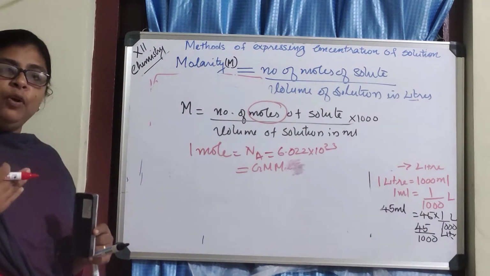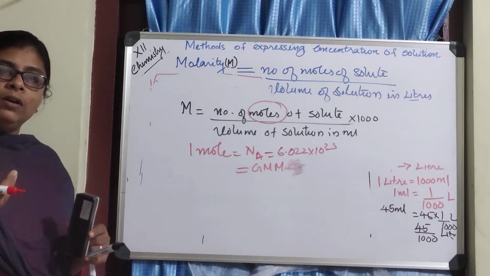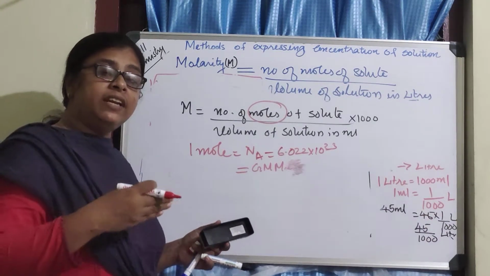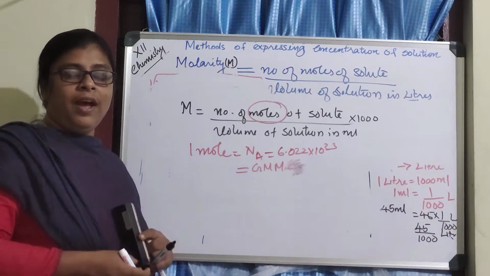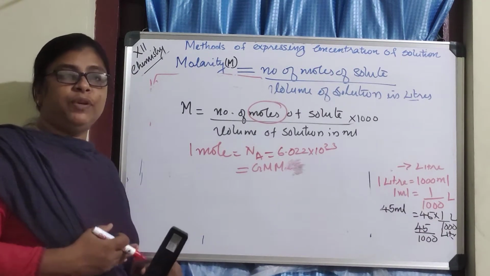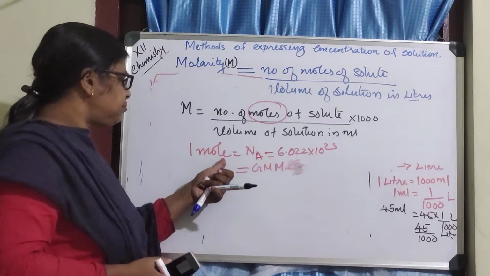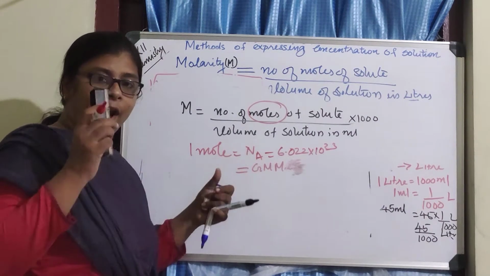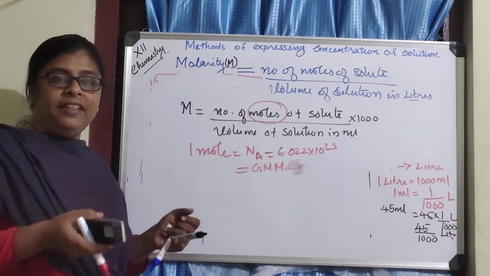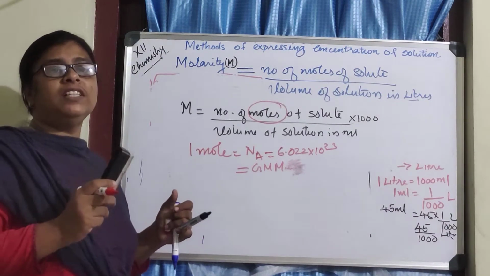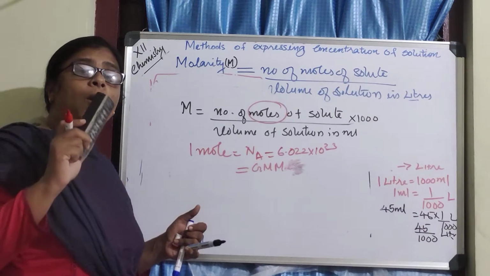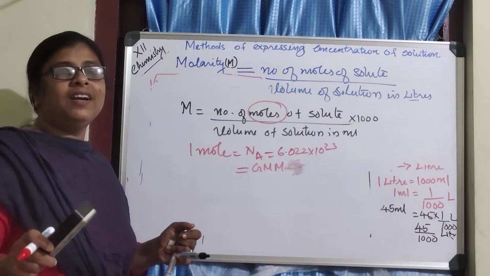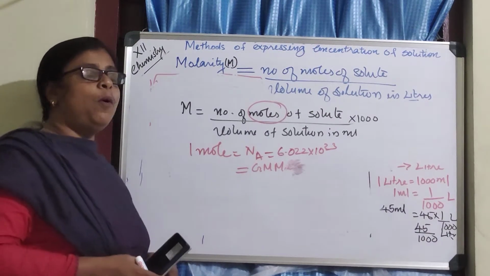In the definition, mole is the amount of substance that contains as many entities as there are in 12 gram of carbon 12. I have explained all those things in my previous videos. So 1 mole is equal to Avogadro number of particles, and the mass of the substance that contains Avogadro number of particles is equivalent to its gram molecular mass.